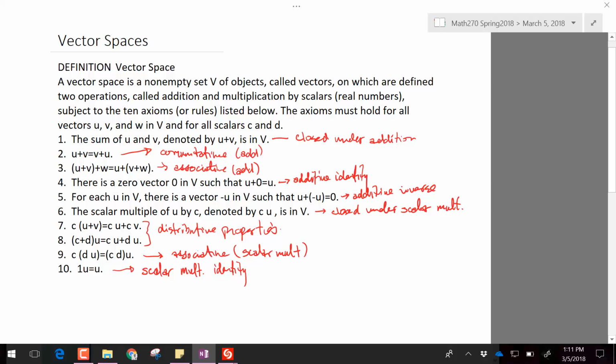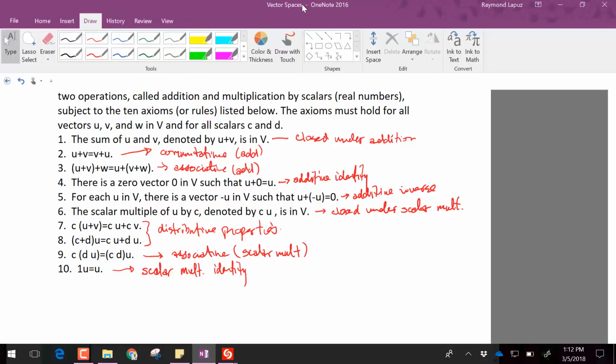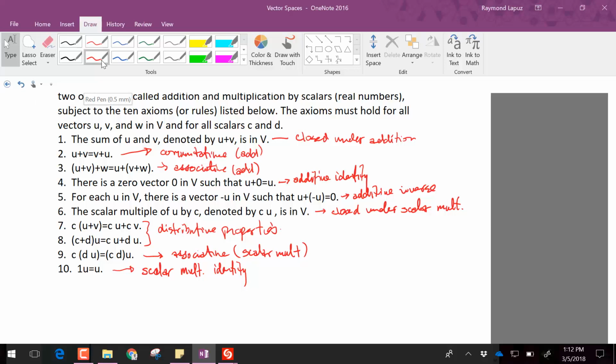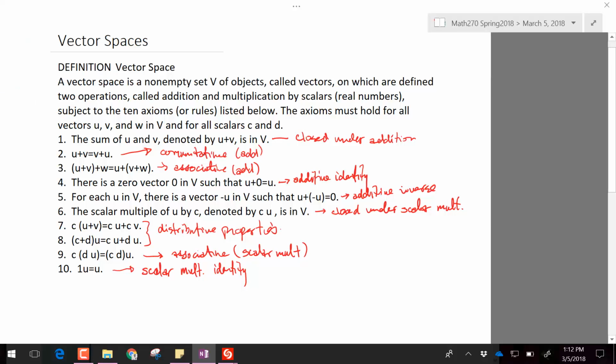So these things have to exist for this to be a vector space. So let's start off with a vector space that I kind of mentioned before, and then we'll go to the vector space that's super easy and what we're going to be referring to anyways. So let's start the vector space of, yeah.